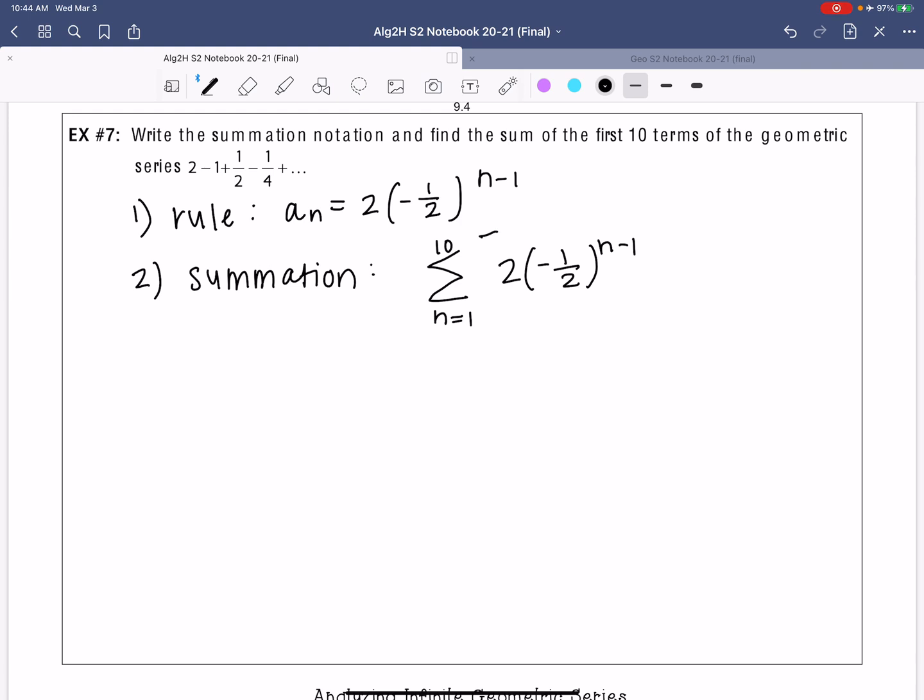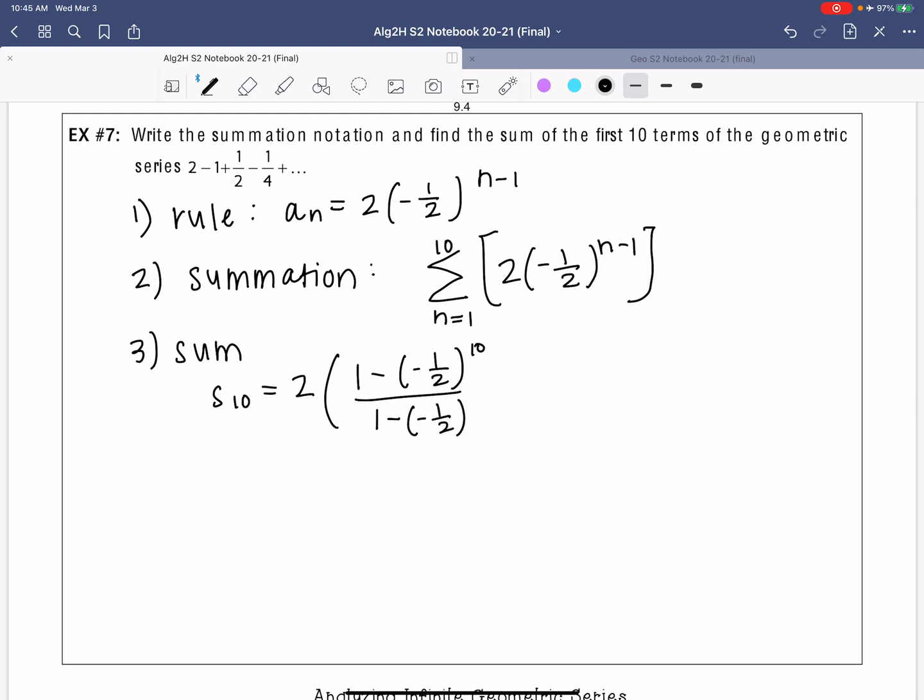You could have brackets, you don't have to. Step 3, find the sum. So S of 10 equals 2 times 1 minus negative 1/2, in parentheses, to the 10th power, over 1 minus negative 1/2.